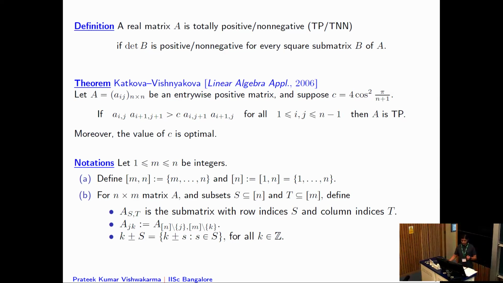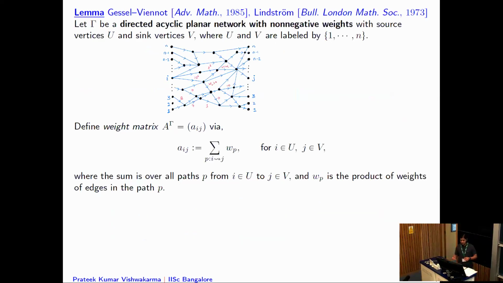So the first question that I want to address is how to construct these matrices in a rather natural way. For that, we will have to look at directed acyclic planar networks which have non-negative weights. Suppose gamma is such a network, which has source vertices u and sink vertices v, where u and v are labeled by integers 1 through n.